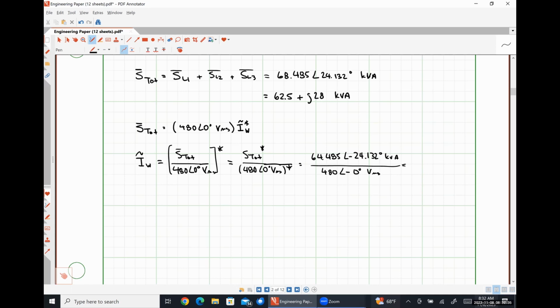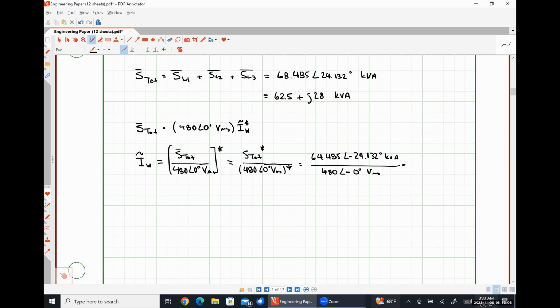Putting this in my calculator, I'm going to have the conjugate of P divided by 480. So that's giving me 0.1426 and so on, but that's because we're dividing kilovolt amperes by volts RMS, so that's giving me a current in kiloamps.